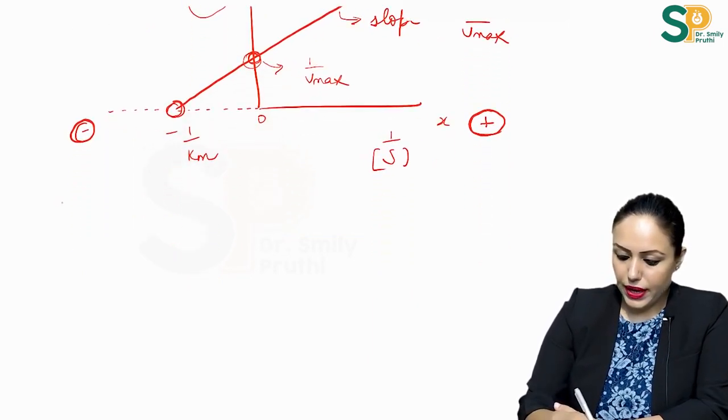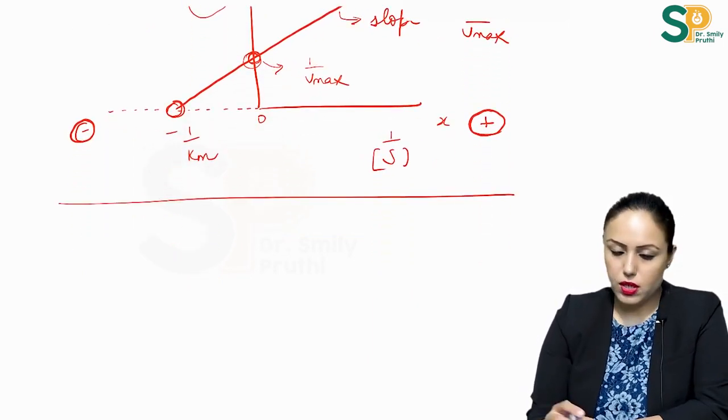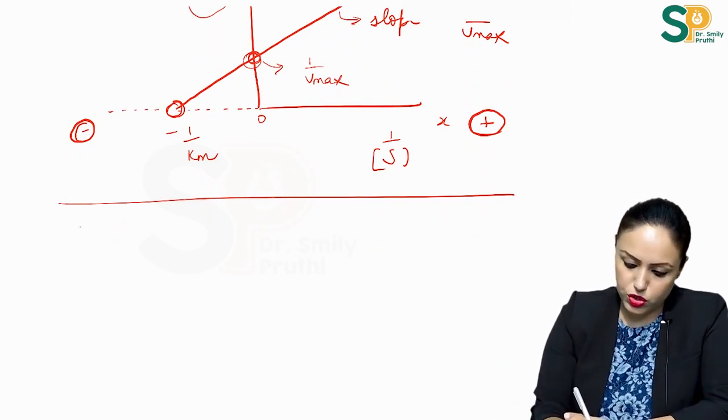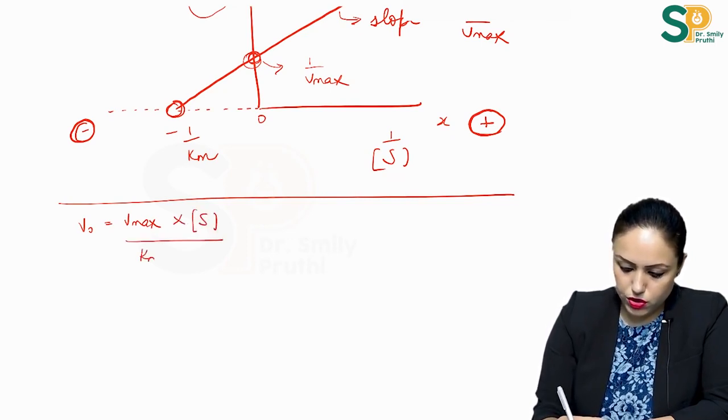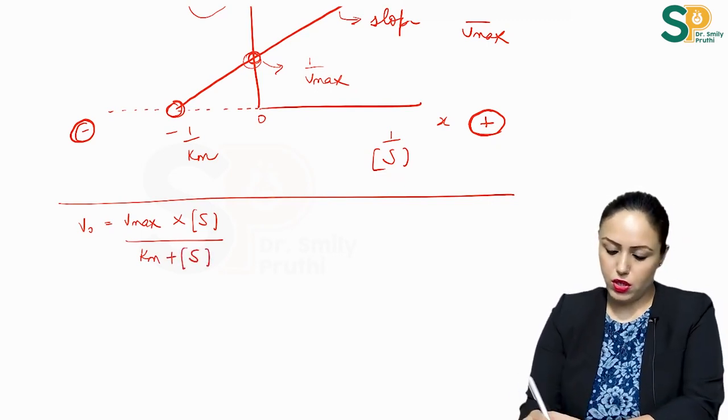Now, let's take the reciprocal of the Michaelis-Menten equation. First, I'm going to write the Michaelis-Menten equation. V naught is equal to Vmax into substrate concentration divided by Km plus substrate concentration.